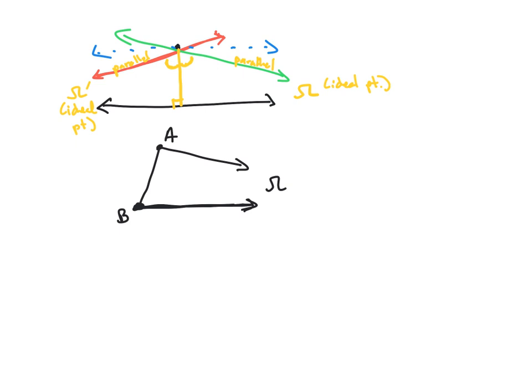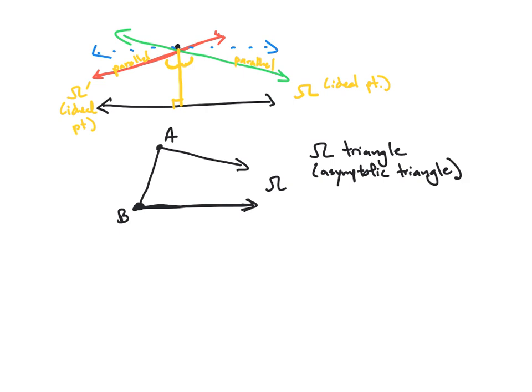Okay? And so we call this an omega triangle, or an asymptotic triangle.